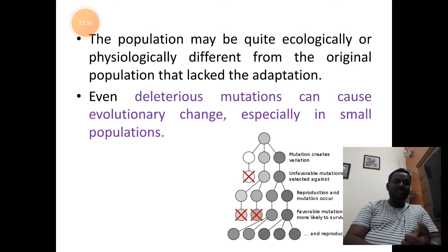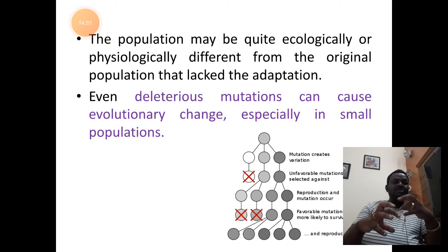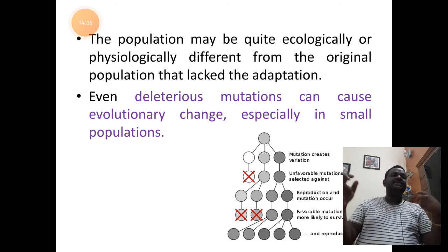Here in the picture, the dark shade towards the most right side is a mutant form. You can see as it moves down the generations, slowly there is an increase in the number of these dark shaded individuals. So what's happening? The mutation seen in the individuals, called mutants, is slowly increasing in number.